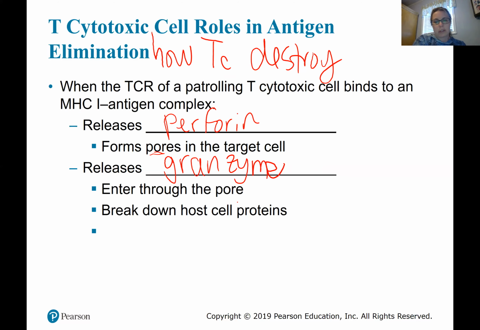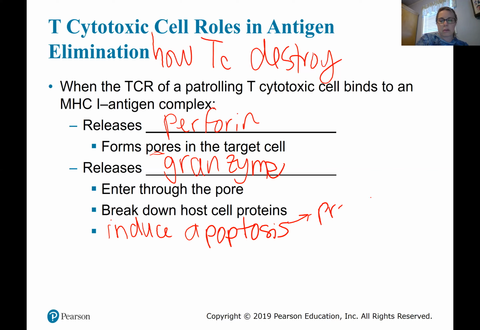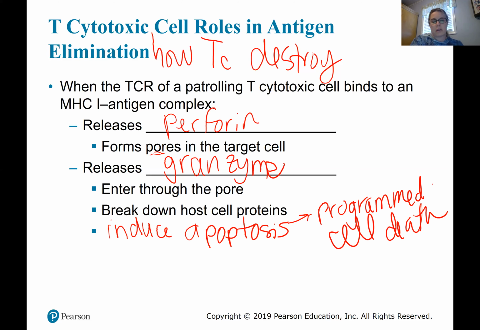And that chemical is going to go into the infected cell through the hole that perforin made, and it's going to induce apoptosis. Do you guys remember what that is? It's what we call programmed cell death.